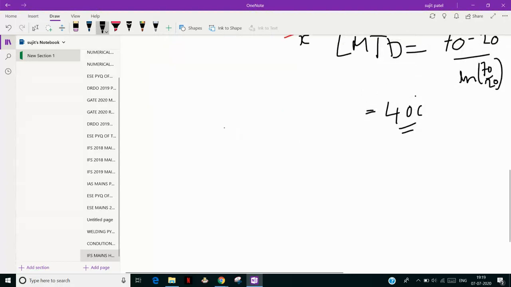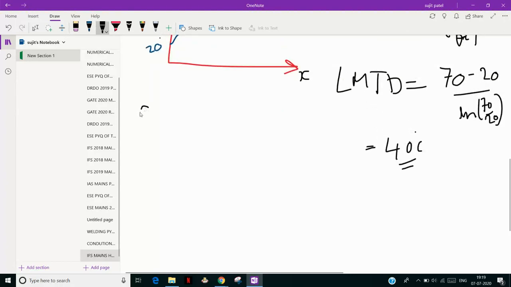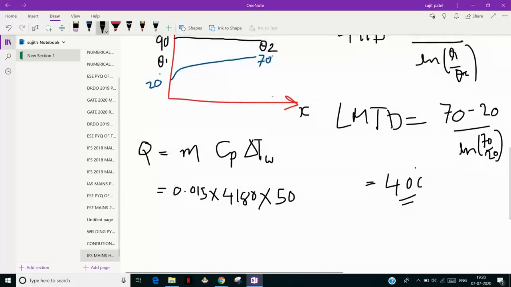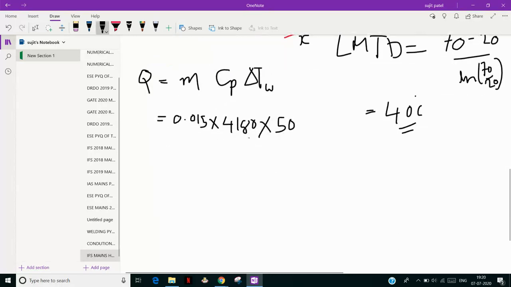Now we know that the total amount of heat required to heat the water from 20 degrees Celsius to 70 degrees Celsius is m cp delta T. Here mass flow of the water is 0.015 kg per second, cp is 4180 joule per kg Kelvin, and the temperature difference is 50 degrees Celsius, because outlet is 70 and inlet is 20.